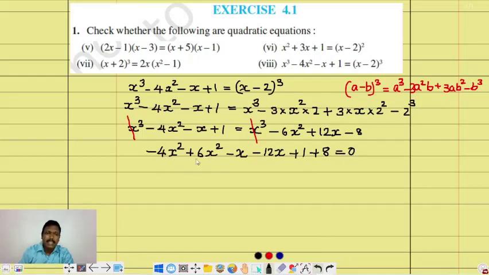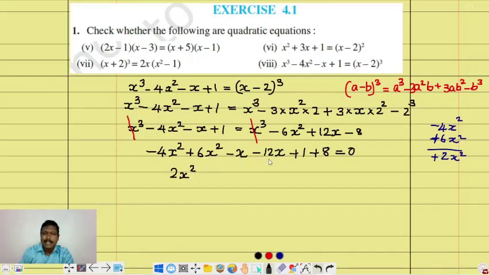So anyway, minus 4x square plus 6x square will be how much? Minus 4x squared and plus 6x square are like terms. So one is negative and one is positive. So the difference is 2x square and the bigger number sign is plus. So we can write this as 2x squared.